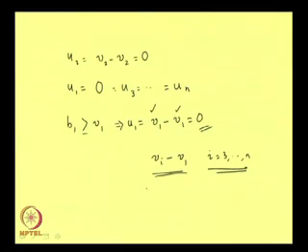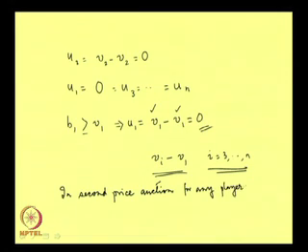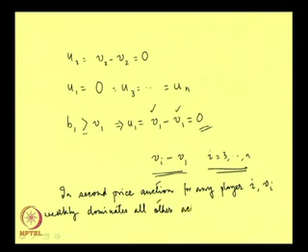And this idea is sought to be captured by the following proposition: in a second price auction, for any player i, Vi weakly dominates all other actions.